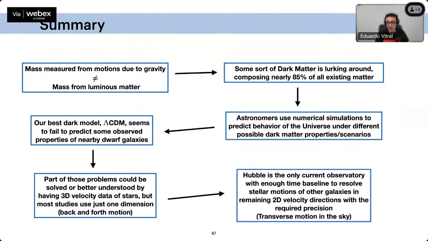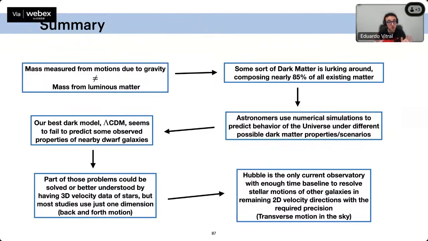Now, Hubble enters the picture by being the only current observatory that has been in operation for long enough to resolve stellar motions of other galaxies in these remaining two velocity directions with the precision that we need.